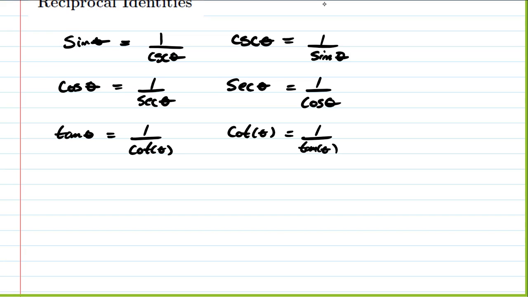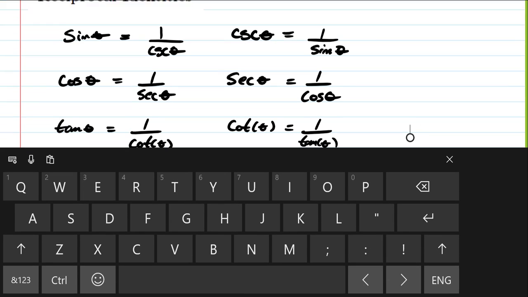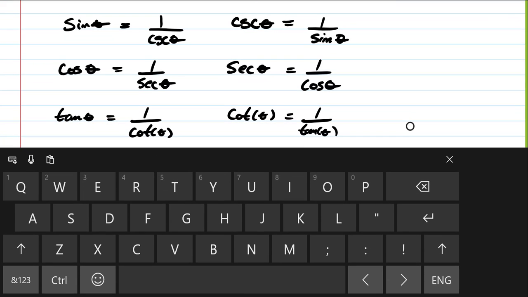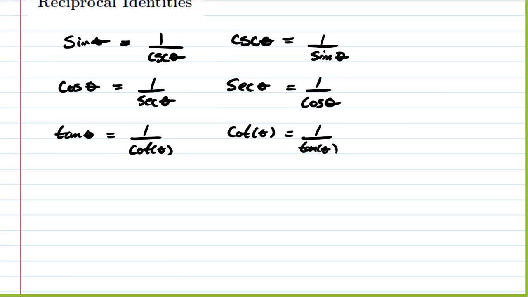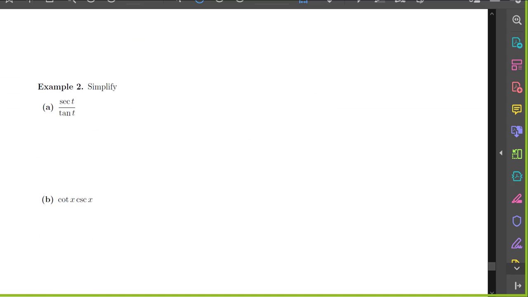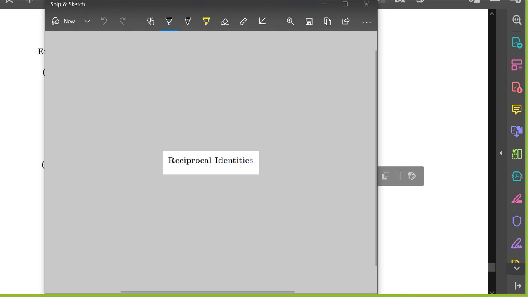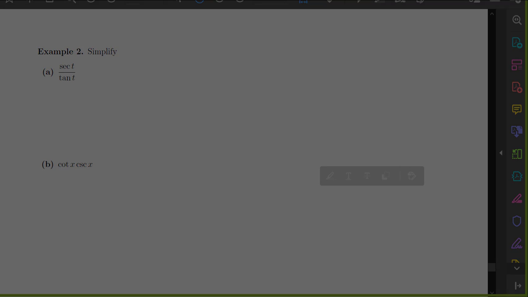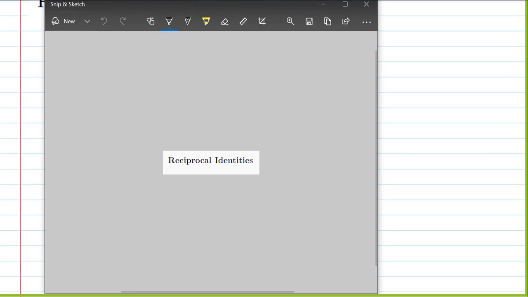So it's worth noting, these definitions for the reciprocal identities are on that first handout with the reference triangles. So let's go ahead and do a couple of examples.